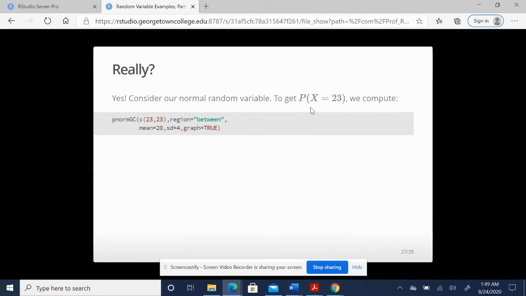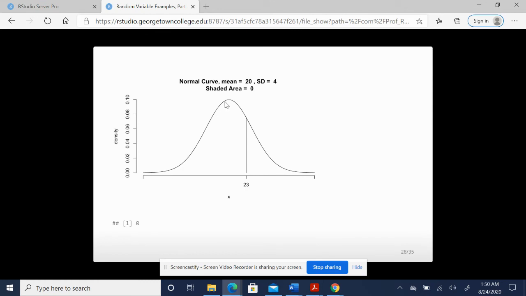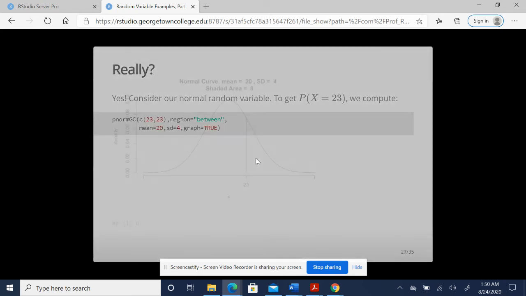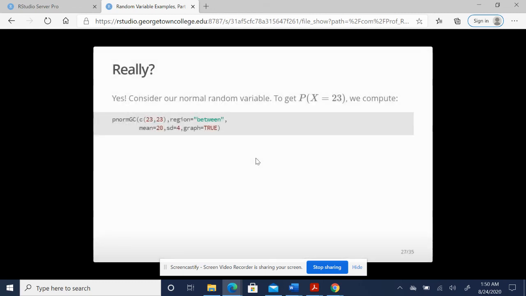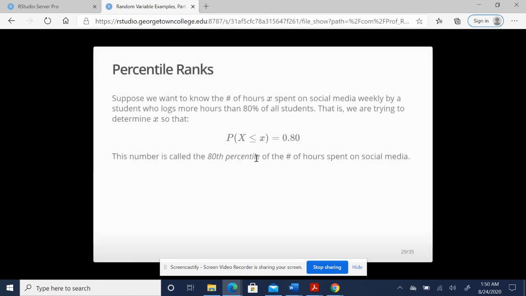To get the probability of x equaling 23, being exactly 23, we would compute this between 23 and 23, okay? Now, that would give us 0, okay? We're thinking about this as the probability of being where we expect it to be continuous, okay? So if you ever want to run that command, R is going to produce 0 here, okay?